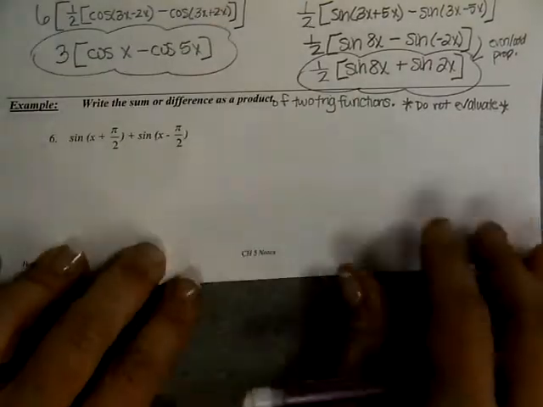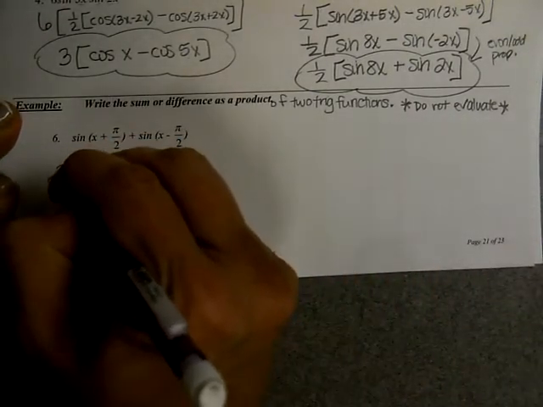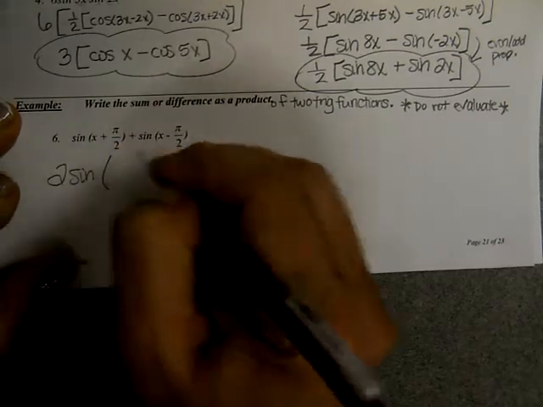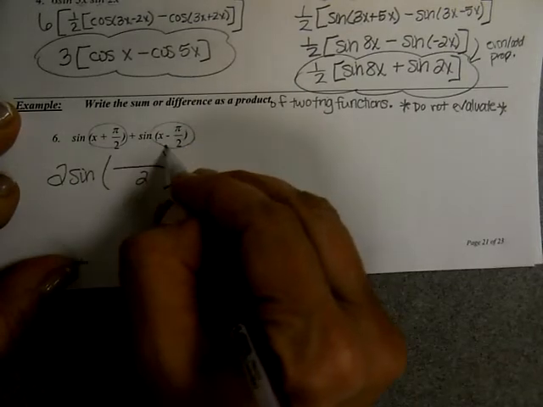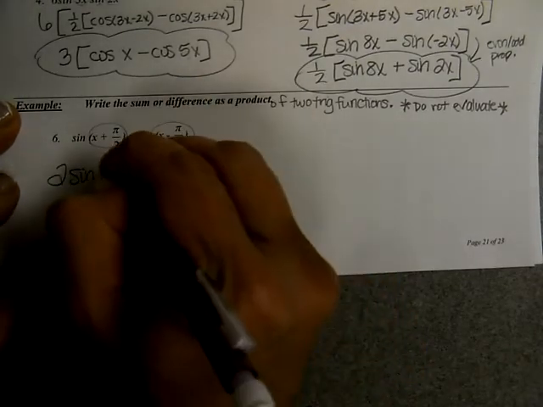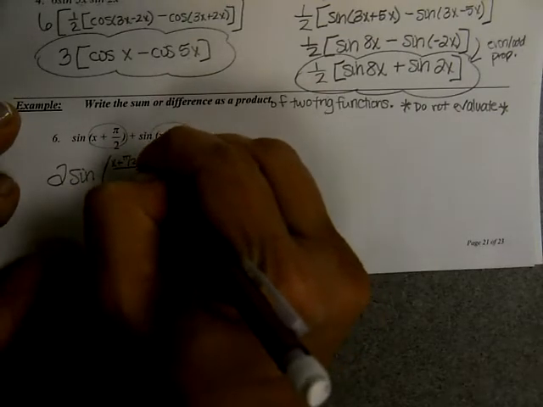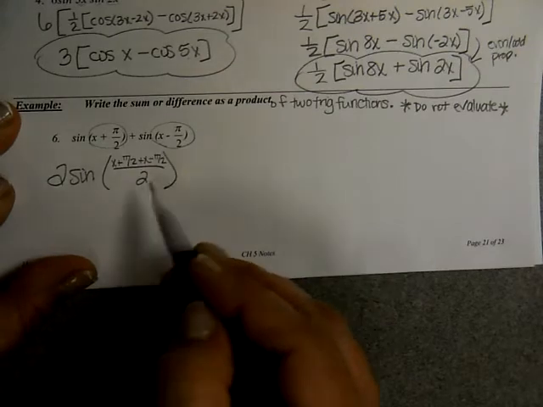Okay? So let's try to use that formula, however, and what we do is we take 2 times the sine of, and then what we're going to do is add these two pieces in the numerator. So that's x plus pi over 2 plus x minus pi over 2, all over 2.